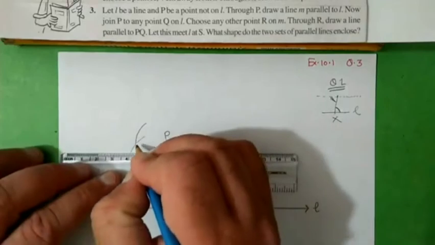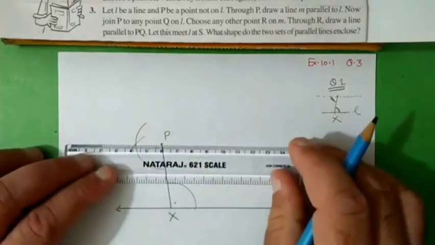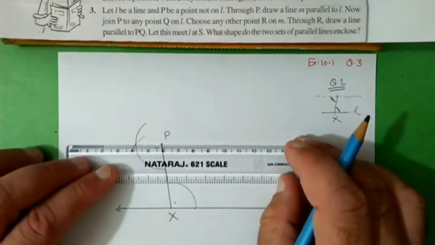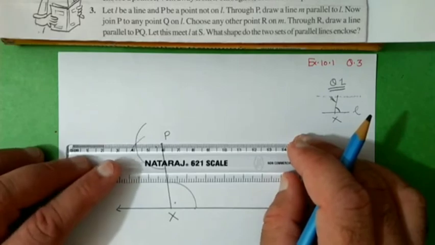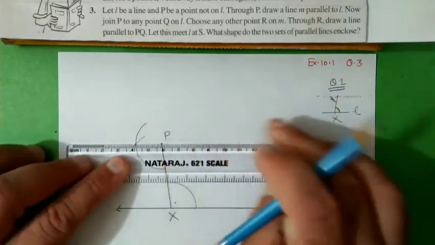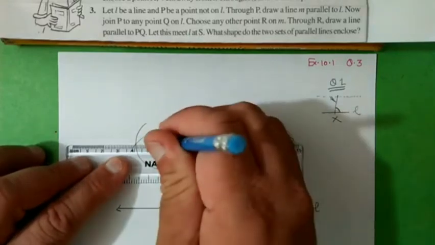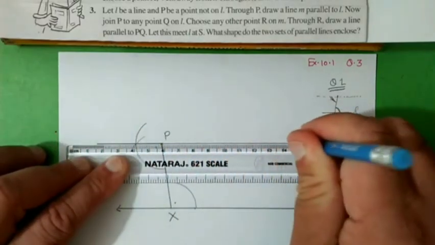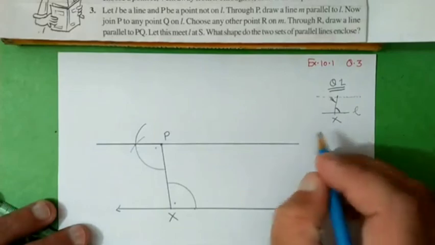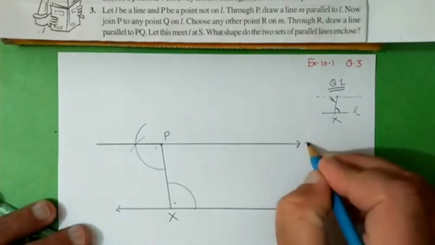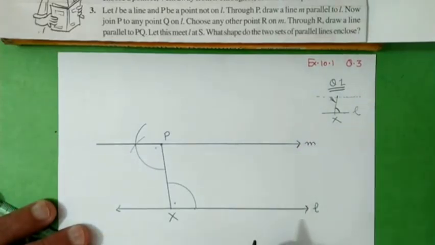So look at here, with the help of a ruler and these 2 points, I will draw a parallel line. So now this is line M. Okay.